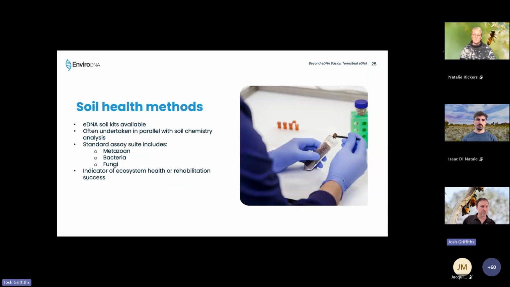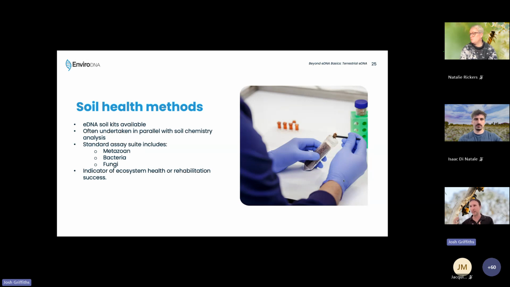Now, I mentioned soil health before. This is something that's been getting a lot of interest recently, and the role of that microbiome that's present in soils and how it's related to the health of terrestrial ecosystem. So this can be done in isolation or often in conjunction with other soil health metrics like a chemical or physical analysis. And it's really those microorganisms that are of interest here.